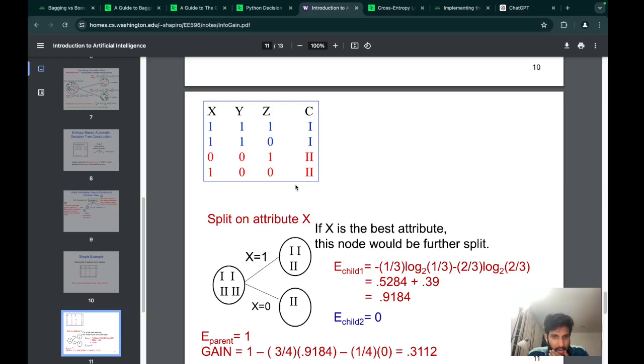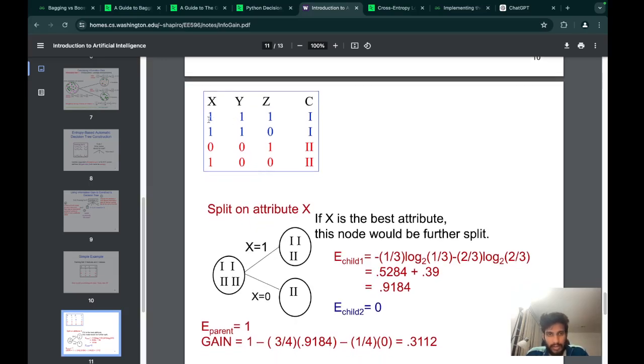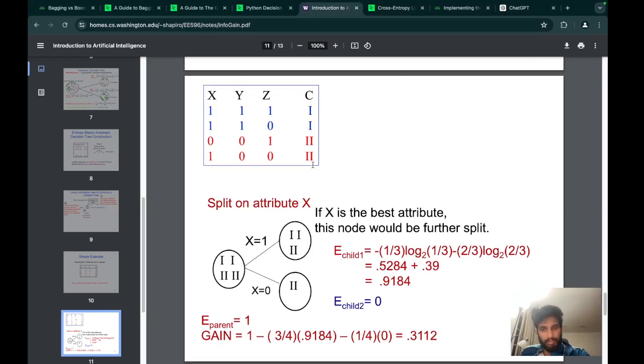So split on attribute x. If x is one, this is going to be one. If x is zero, this is still going to be two, but again, it's just one here. So we don't know, but since it's only zero and one, we're basically trying to find a breaking point, so you have to split on zero and one.